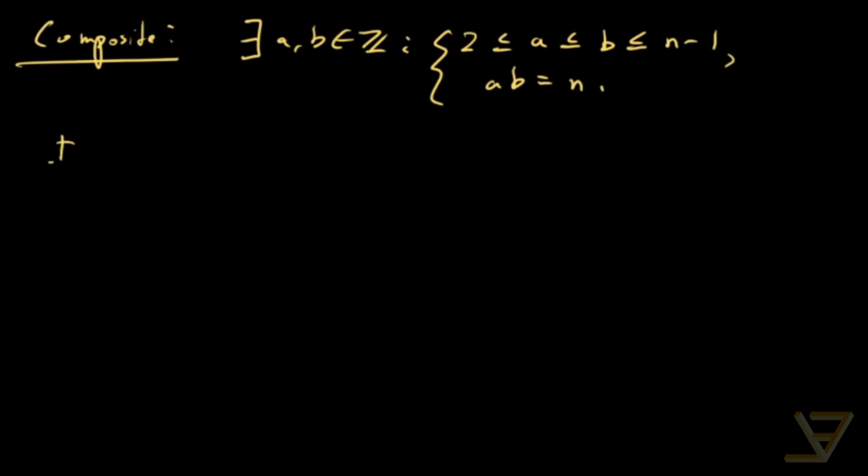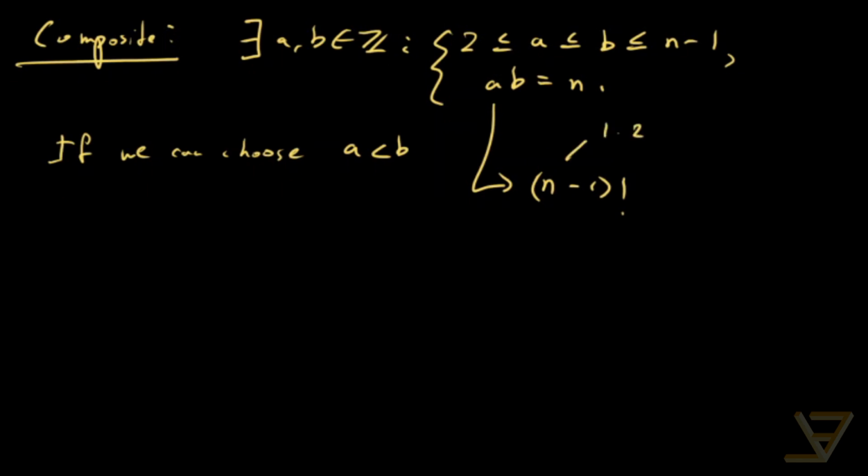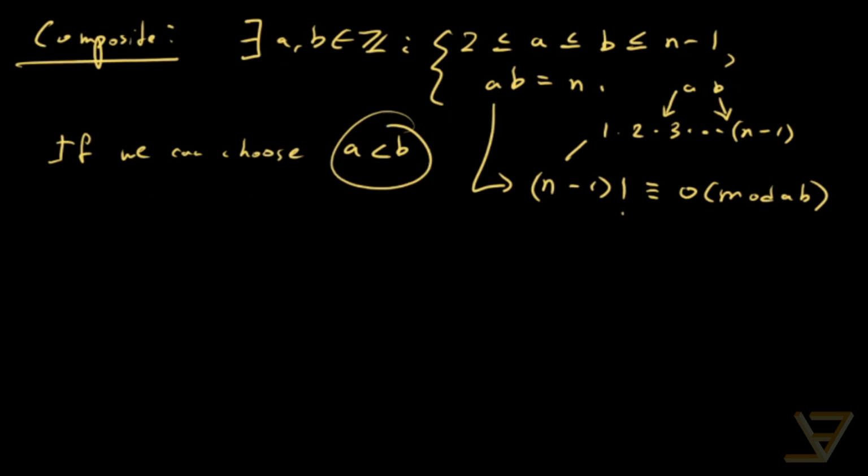Now, if we can choose a is less than b, then what this tells us is that a and b are both multiplicands of n minus 1 factorial, which is 1 times 2 times 3 all the way through to n minus 1. And a is in here and b is in here. So this is congruent to 0 mod ab because a and b are distinct by assumption. And so ab is n and we're done.